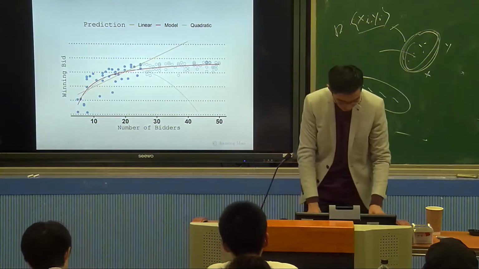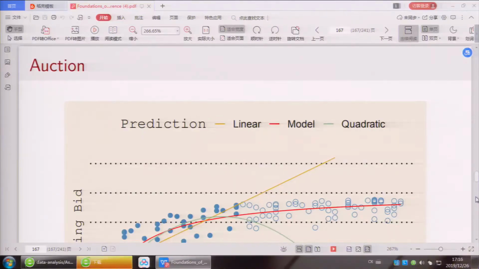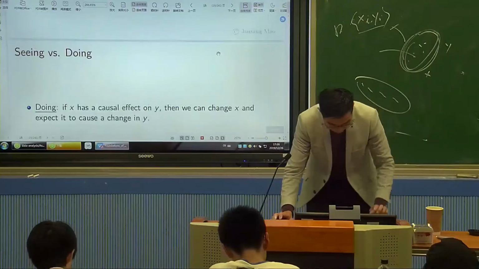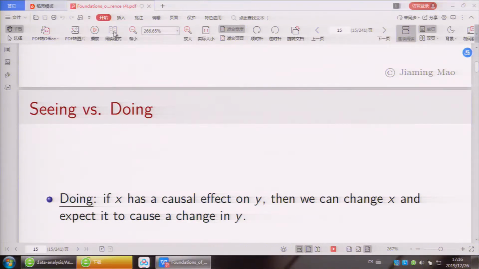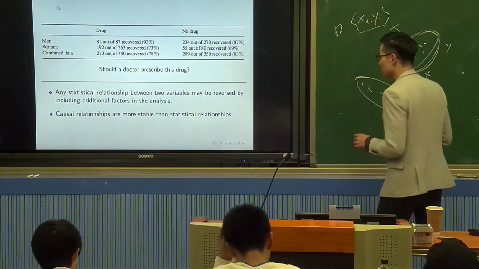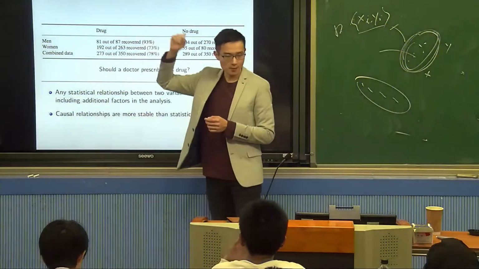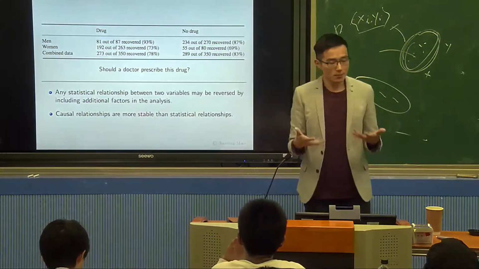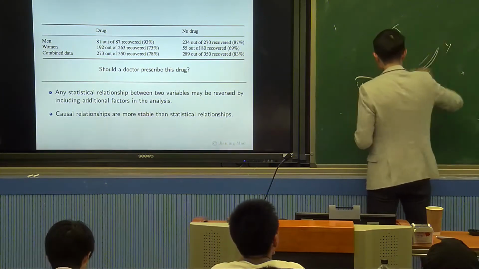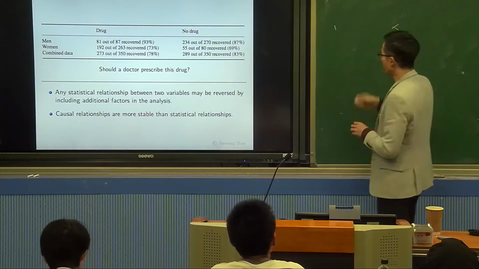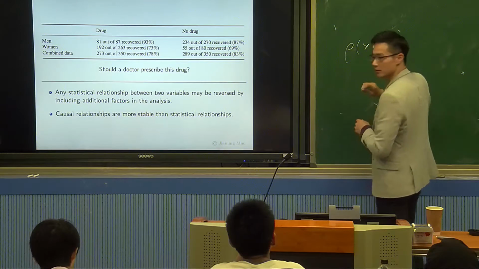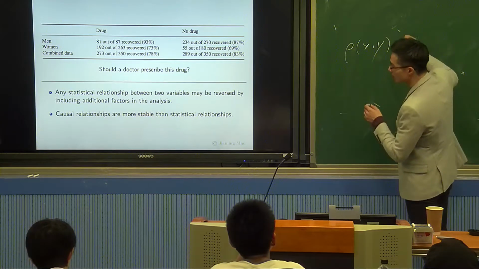Now, if you remember, at the very beginning of this lecture, I made one point which is related to this. Remember this example, Simpson's paradox? The idea of Simpson's paradox is that the correlation between x and y is negative or positive.